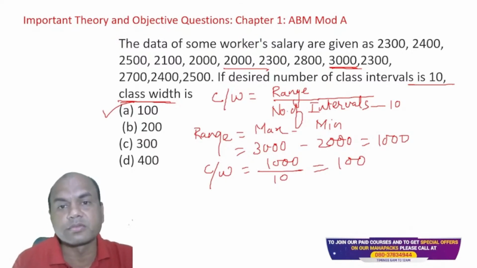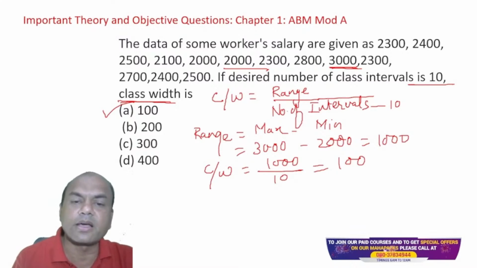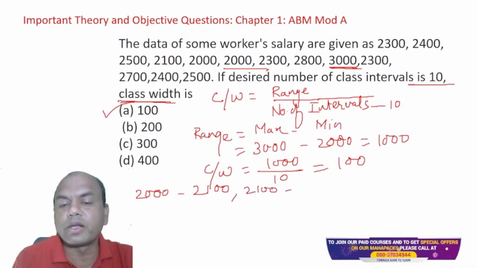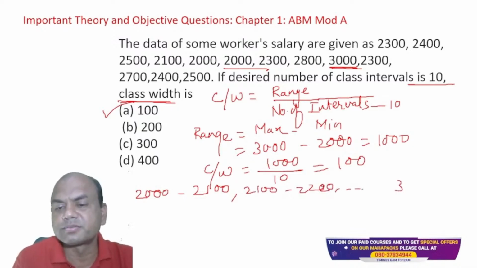It means when I start arranging these numbers, I'll arrange them like this: 2000 to 2100, the lowest number, and then go on adding 100, then 2100 to 2200, and so on, up to the last number, 3000. The last class will be 2900 to 3000.